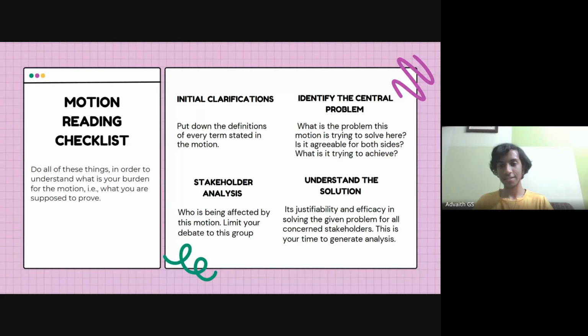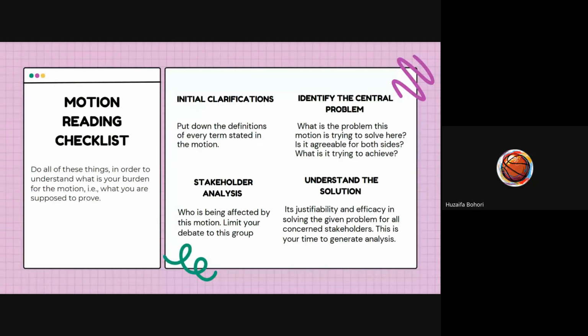Huzaifa, go ahead. Answering your question, both sides could take different takes on schoolwork. If somebody believes that schoolwork is homework, they could argue that by using an AI-based tool for homework, students will not use their own mental capability, so it will not enhance their thinking and will not really add to their education.